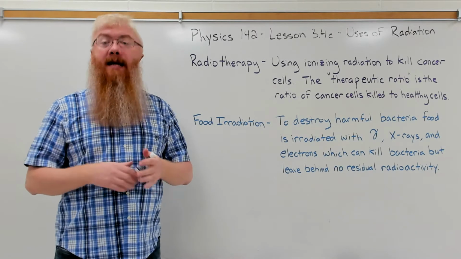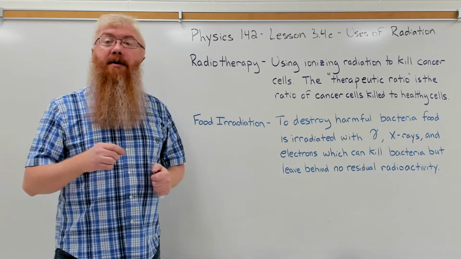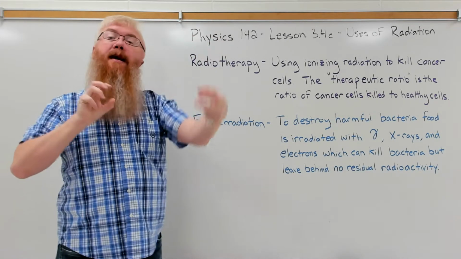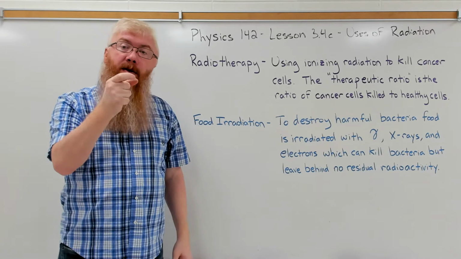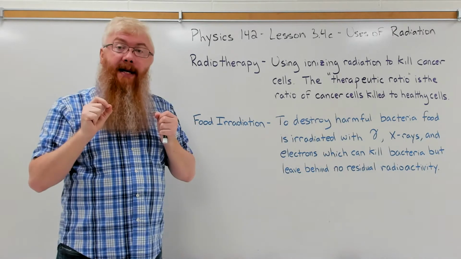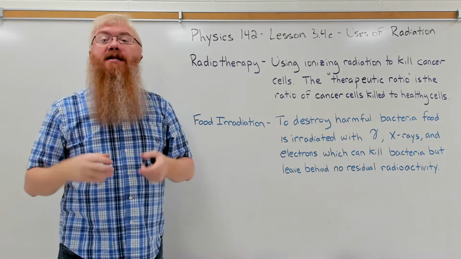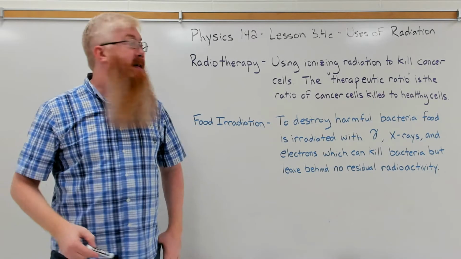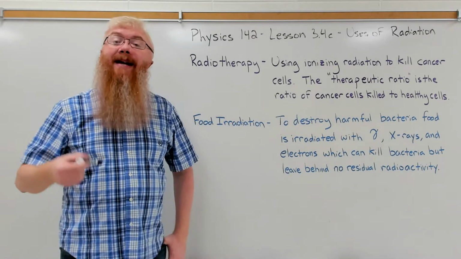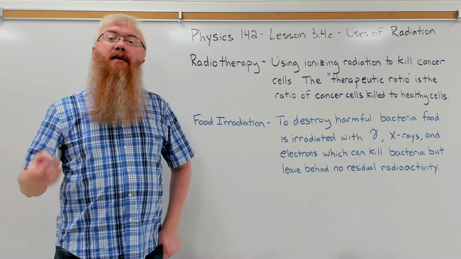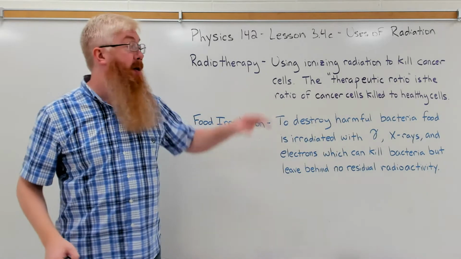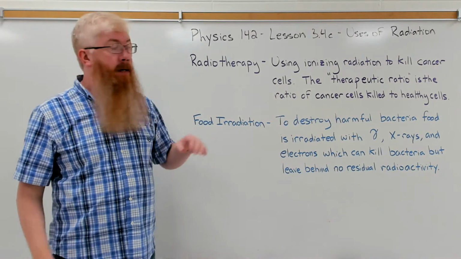So what can be done is, and your book has an example image of this, the beam is actually rotated in 3 dimensions, so the tumor is always irradiated, but the surrounding material gets less of a dose. Of course, there's always a danger that this radiotherapy could create new cancer cells, but that risk is minor compared to the fact that you already have cancer if you're getting this treatment.